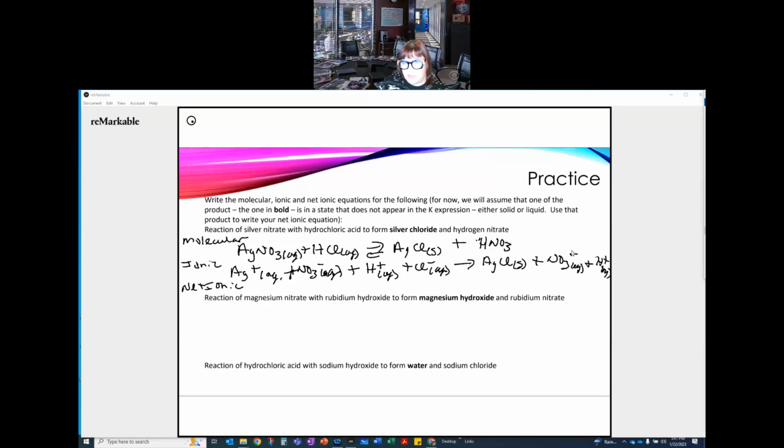Okay. And of course it's H plus and NO3 minus, so that is balanced as it is, and that HNO3 is still aqueous. Okay, so that's my molecular equation.